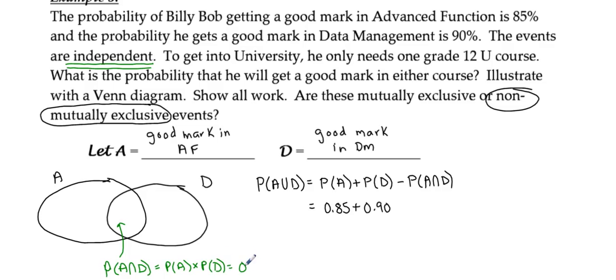So that would be 0.85 times 0.9, and that equals 0.765. So you would have to subtract 0.765 from that. So when you do this math, you get 0.985.